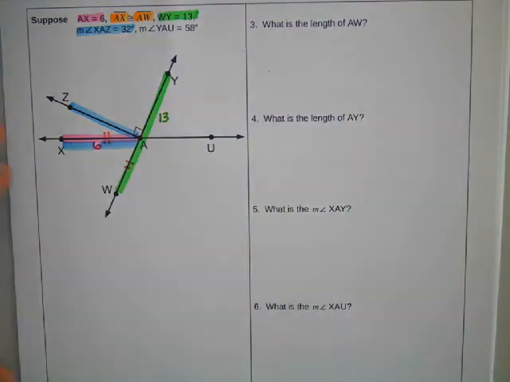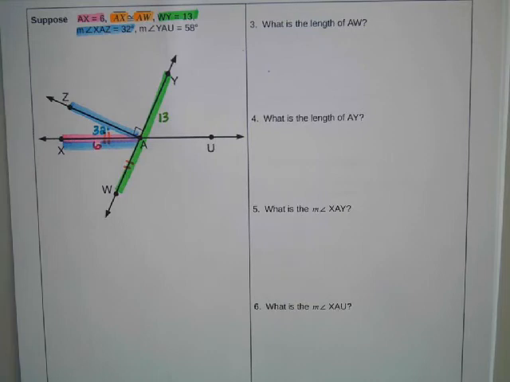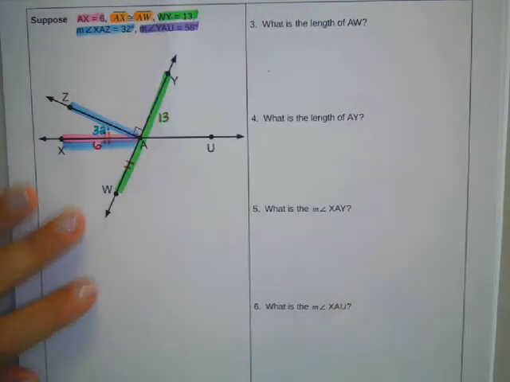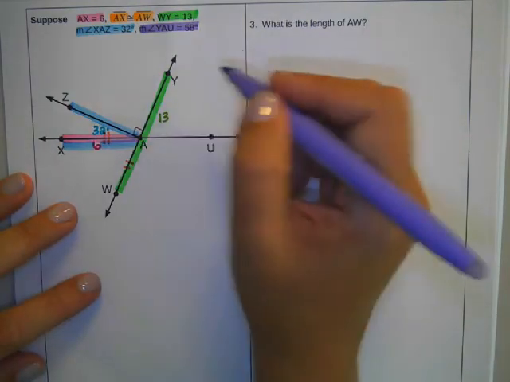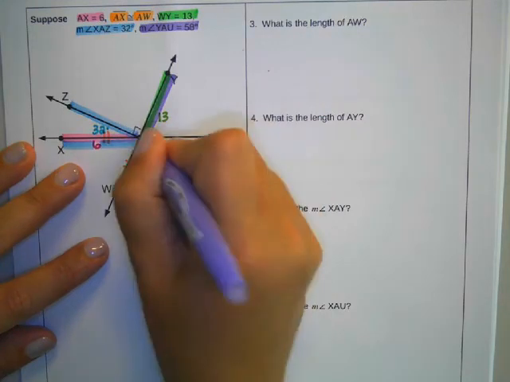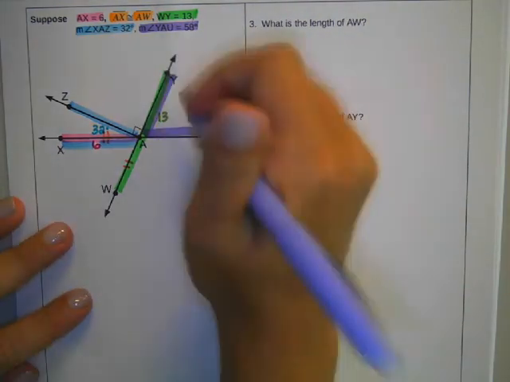And I know that that's going to be 32 degrees. Finally, I know that the measure of angle YAW is 58 degrees. So, YAU is going to be 58 degrees.